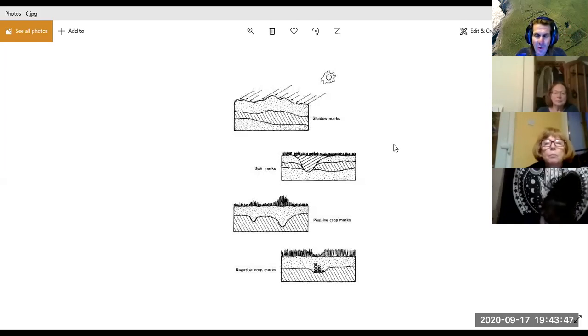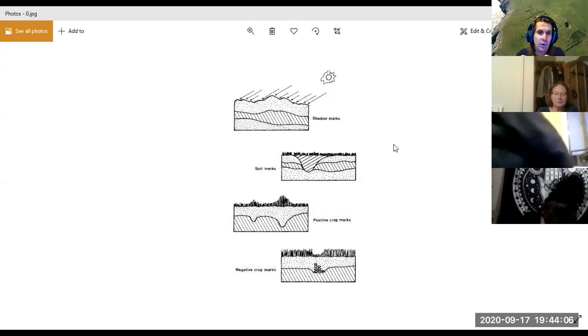Shadow marks, what does that mean? Just quickly, if you're flying above a landscape, a bank might form a shadow, revealing a hill fort, for example, or the bank associated with a medieval village, or a hollow lane, or a Roman fort, and so on and so on.